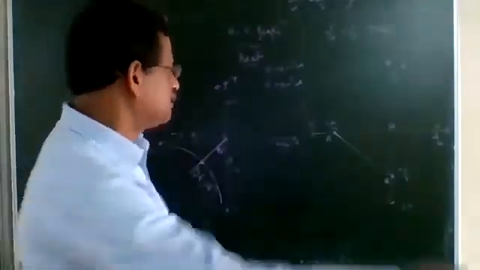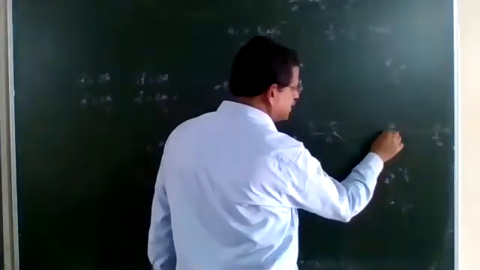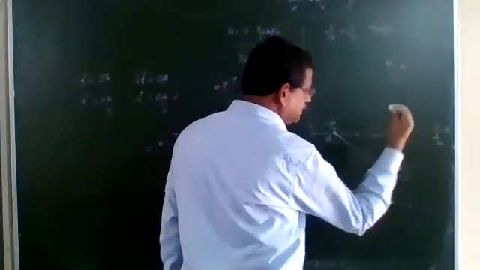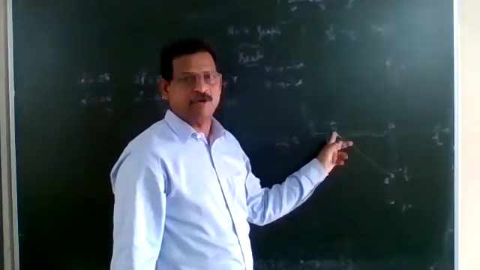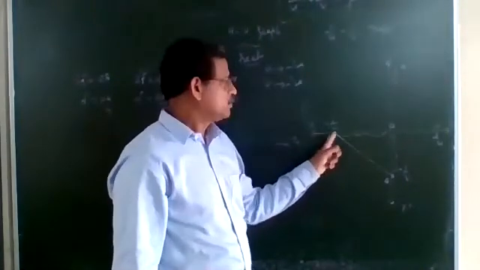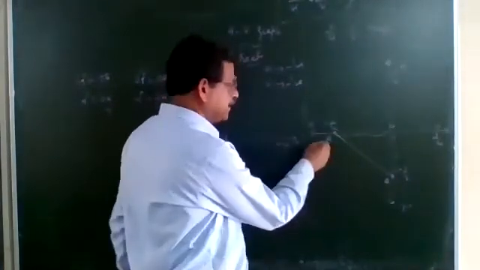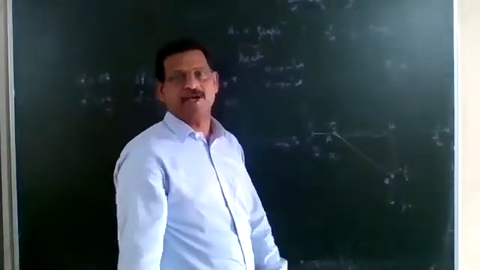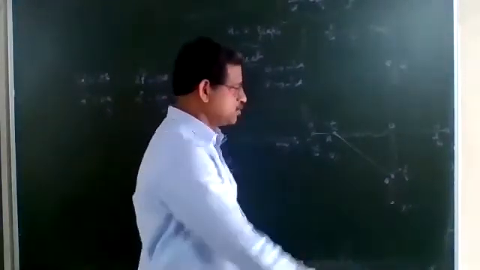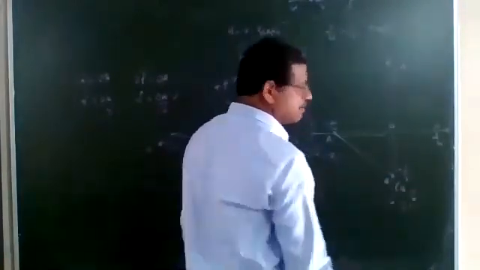How do we find the coordinates of points A and B? At A, on the x axis, the x coordinate is 1 by u and the y coordinate is 0, so A is (1 by u, 0). At point B, the x coordinate is 0 and the y coordinate is 1 by v.